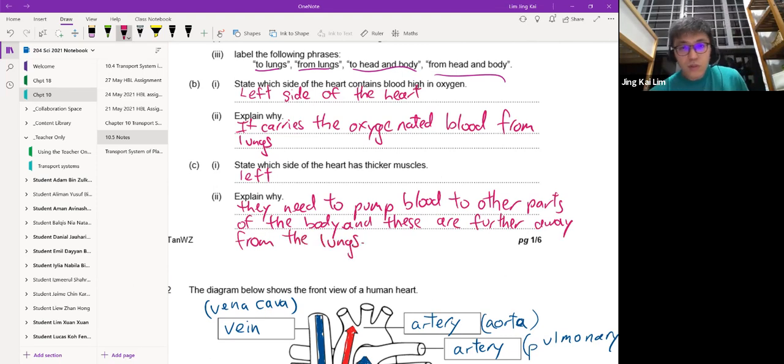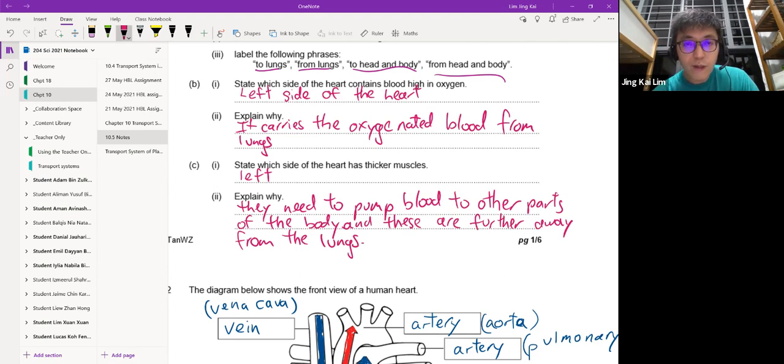Okay, so this is a little bit of thinking skills that you require when you answer questions. Honestly speaking, Mr. Lim is not medically trained, but I do use a little bit of logic to try to understand how the heart actually works.